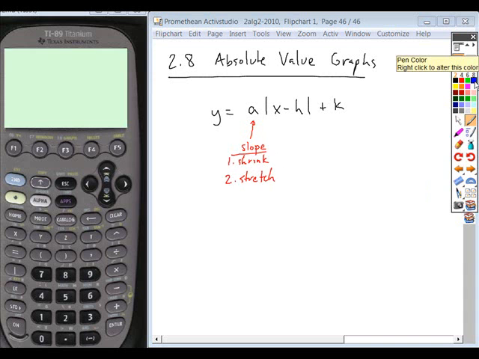The main thing is if the absolute value of your a value is less than 1, meaning it's a fraction between 0 and 1, then your graph is going to shrink. If your value is greater than 1, then it's going to stretch.